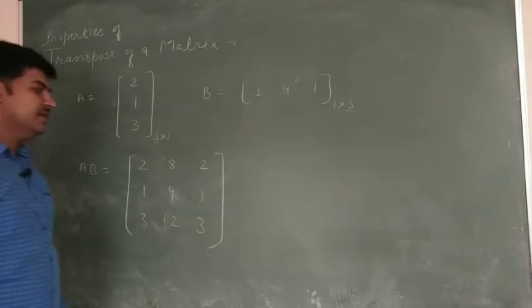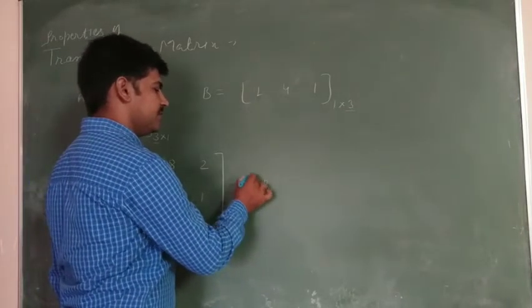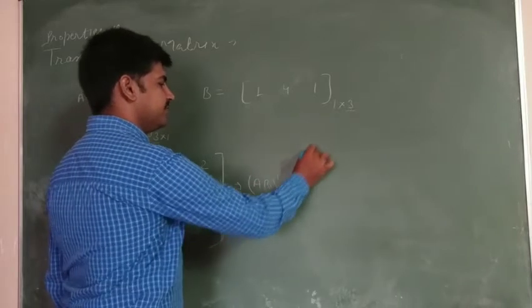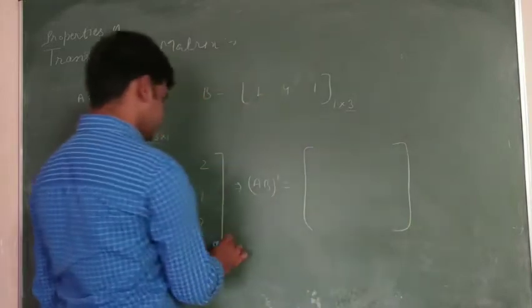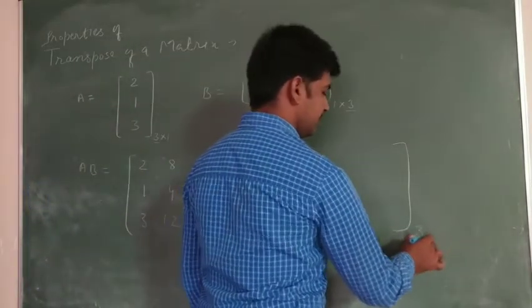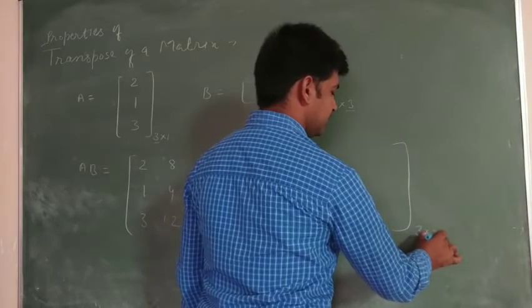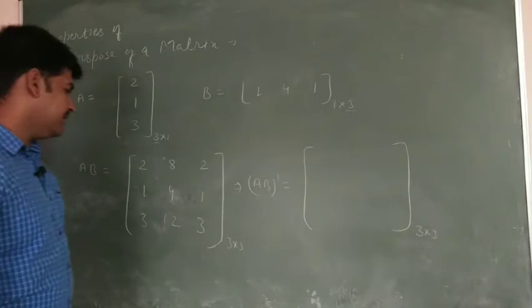Now if I get the transpose of AB, since this matrix is of order 3 by 3, the transpose of AB is also a matrix of order 3 by 3. So let us find the transpose of this one.